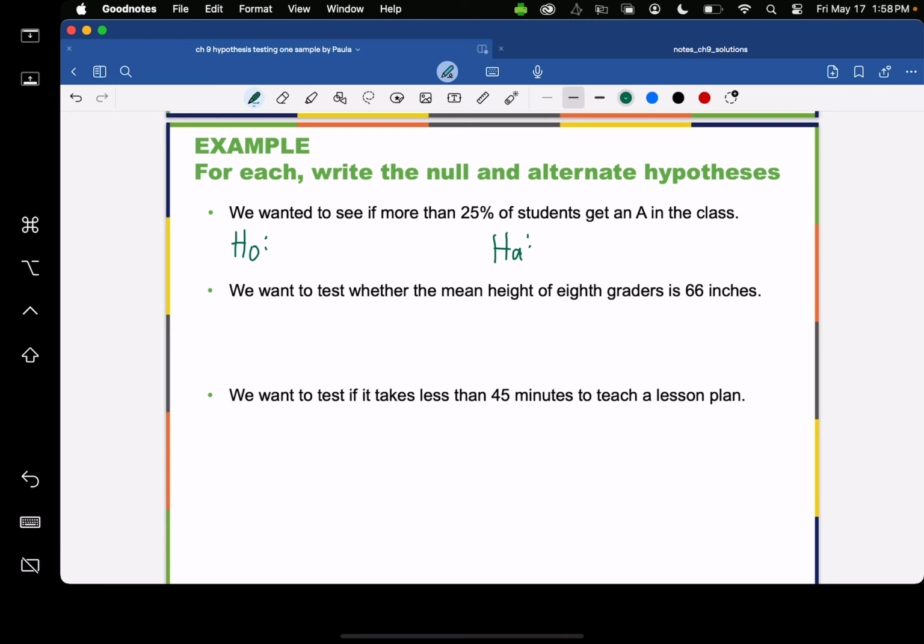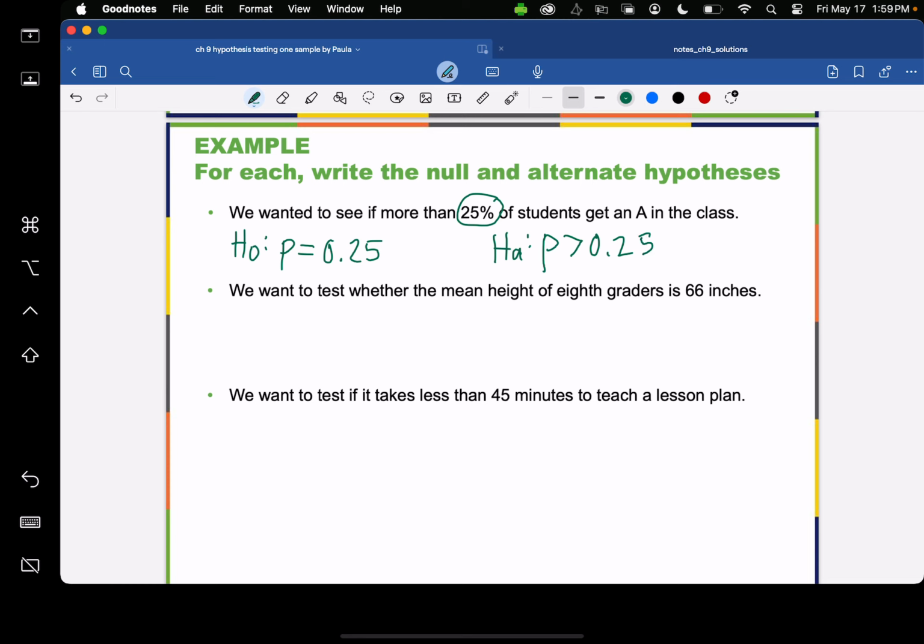Well, this is talking about a percentage. So that tells me that our hypotheses are about the population proportion. The null hypothesis says p is equal to 0.25. And the alternate hypothesis is p is greater than 0.25.